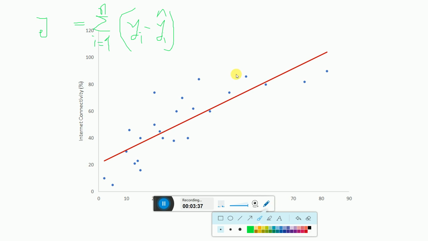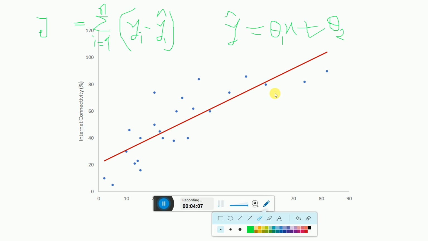A straight line will have an equation like this one: y hat equal to theta 1 x plus theta 2.